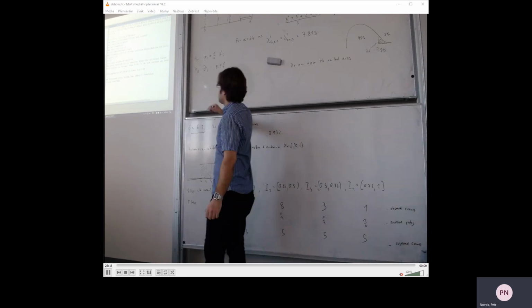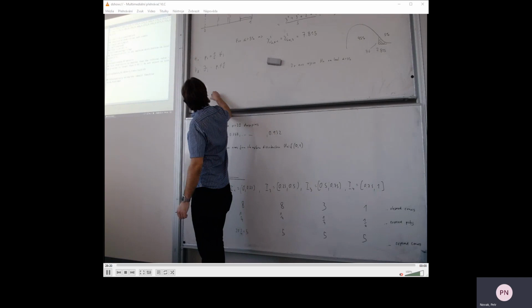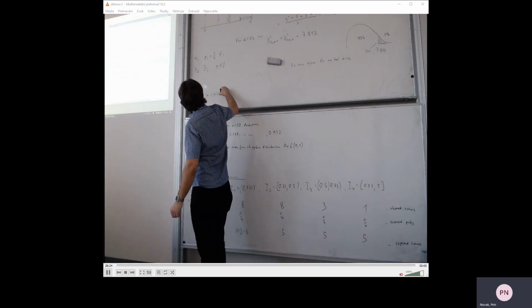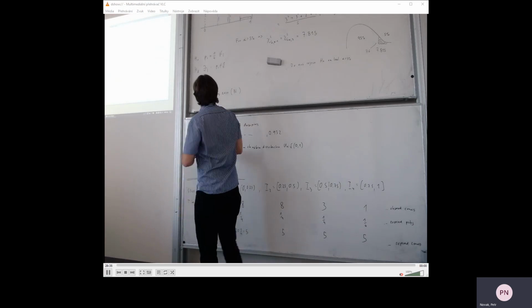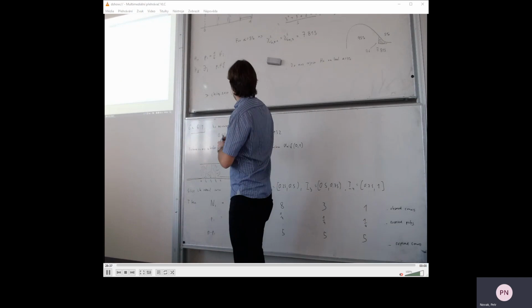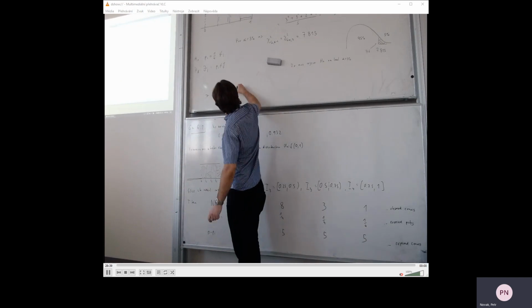Okay, so chi-square test on the n's. That's the vector n1 up to nk.